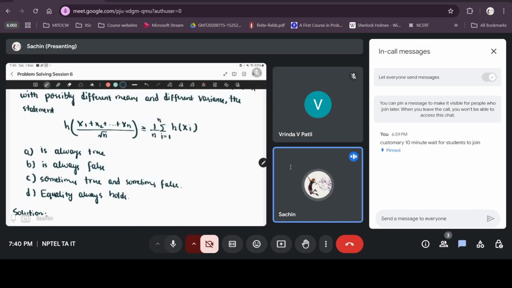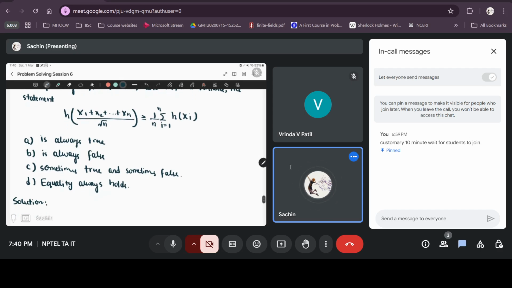x1 plus x2 plus x3 etc. to xn is a sum of Gaussian random variables.